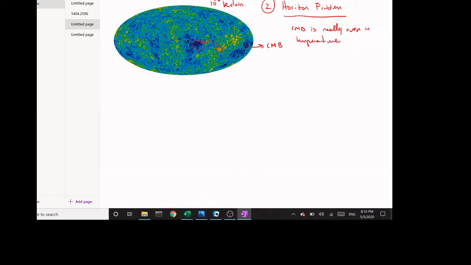If you point your telescope up, down, left, right, whatever angle you want, the temperature of the photons coming from that direction is all the same. So it's remarkably even. It's actually really bizarrely even.